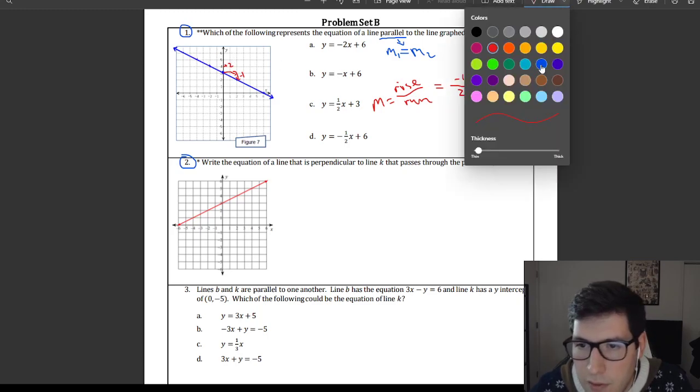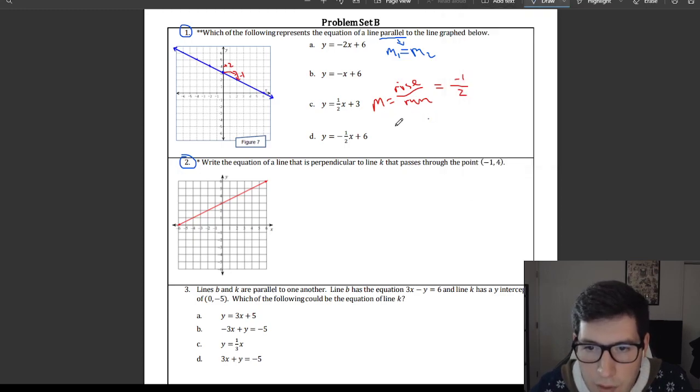So just by looking at this graph, I can glean that the slope of both lines, because remember they have to be equal, is going to be equal to negative 1/2.